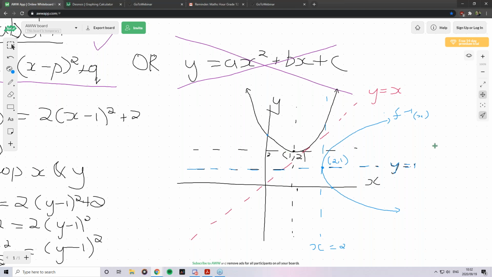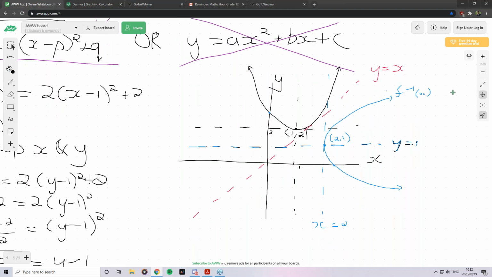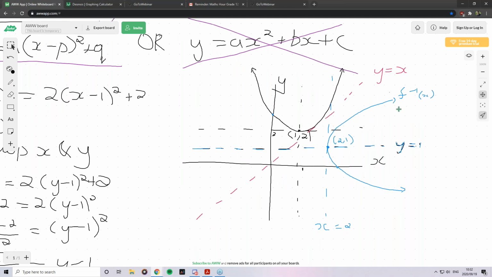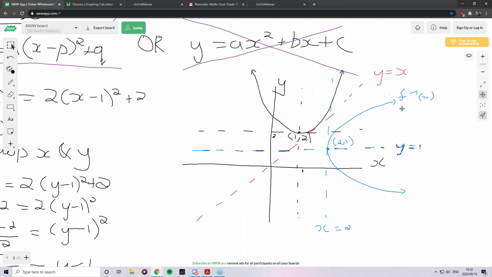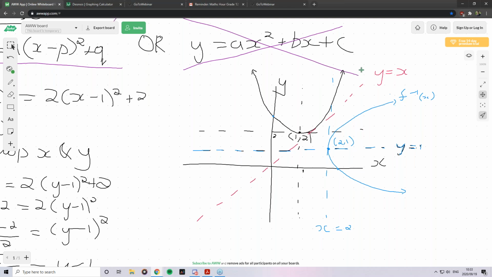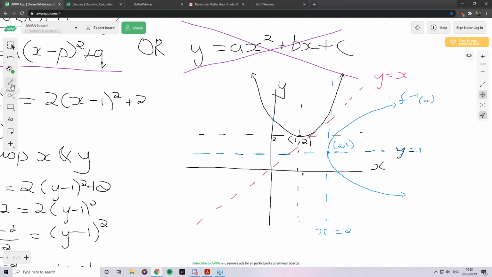Now, the one trick with parabolas is we want functions. Notice that this is definitely not a function. And the reason it's not a function is because I can draw a line like this, so like this. And what you notice is that for one x value, I have two y values.